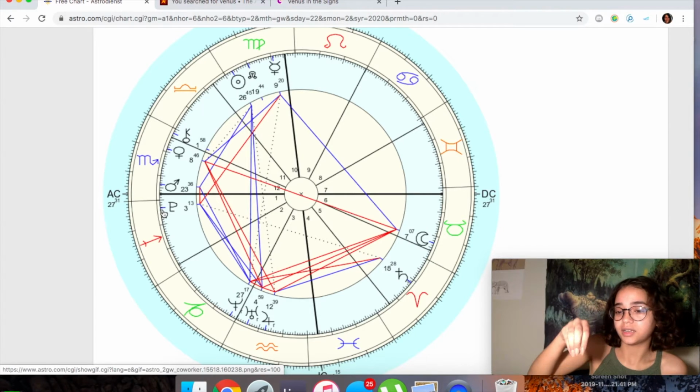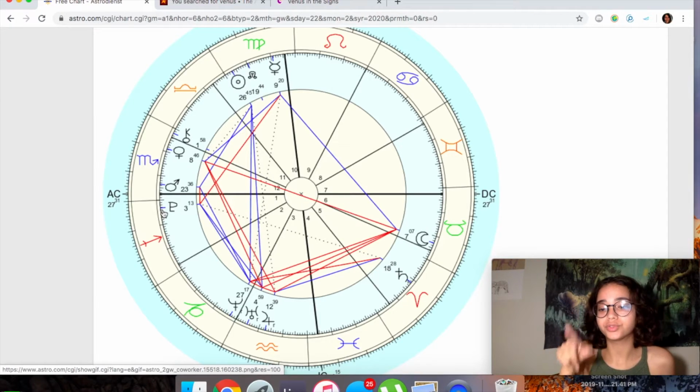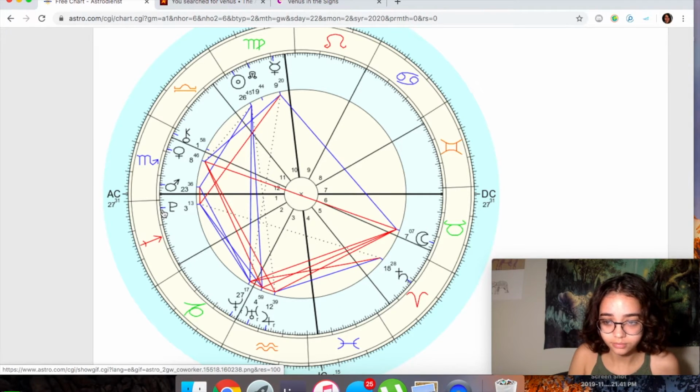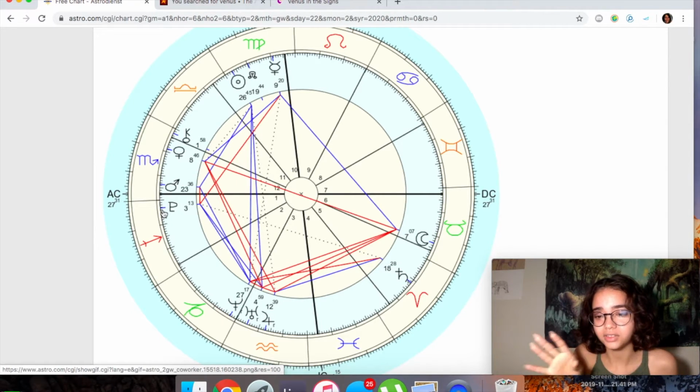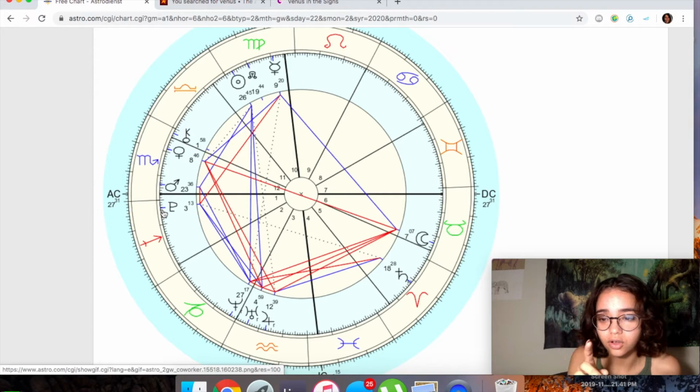the planets and what signs they rule. So Venus rules Taurus and Libra. Mercury rules Virgo and Gemini. Saturn rules Capricorn, but also in some astrologies, in other different types of astrologies, Saturn also rules Aquarius.